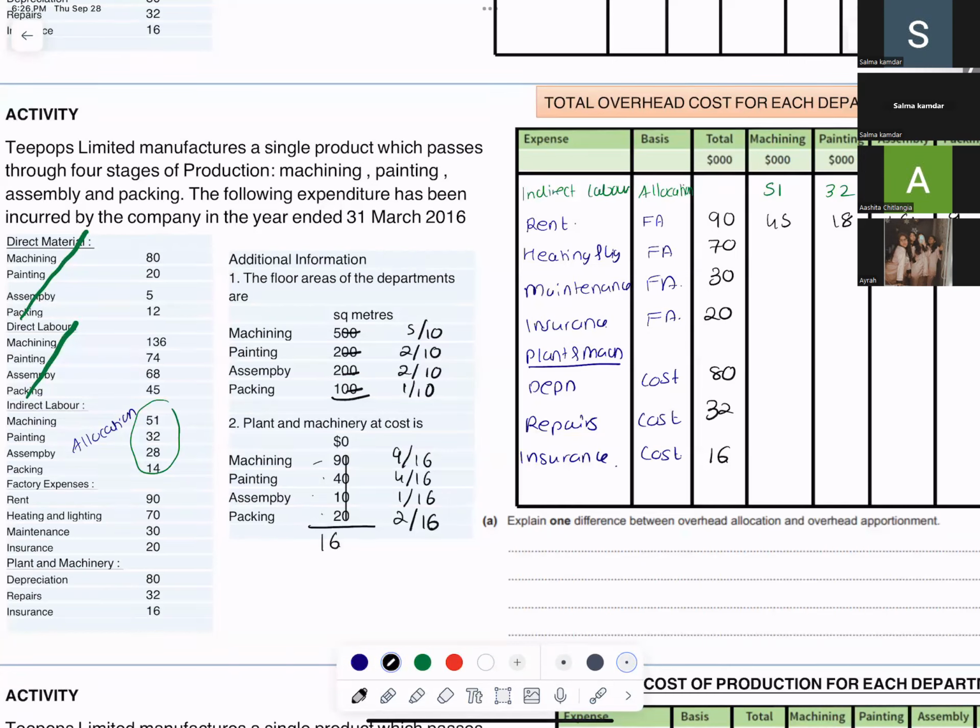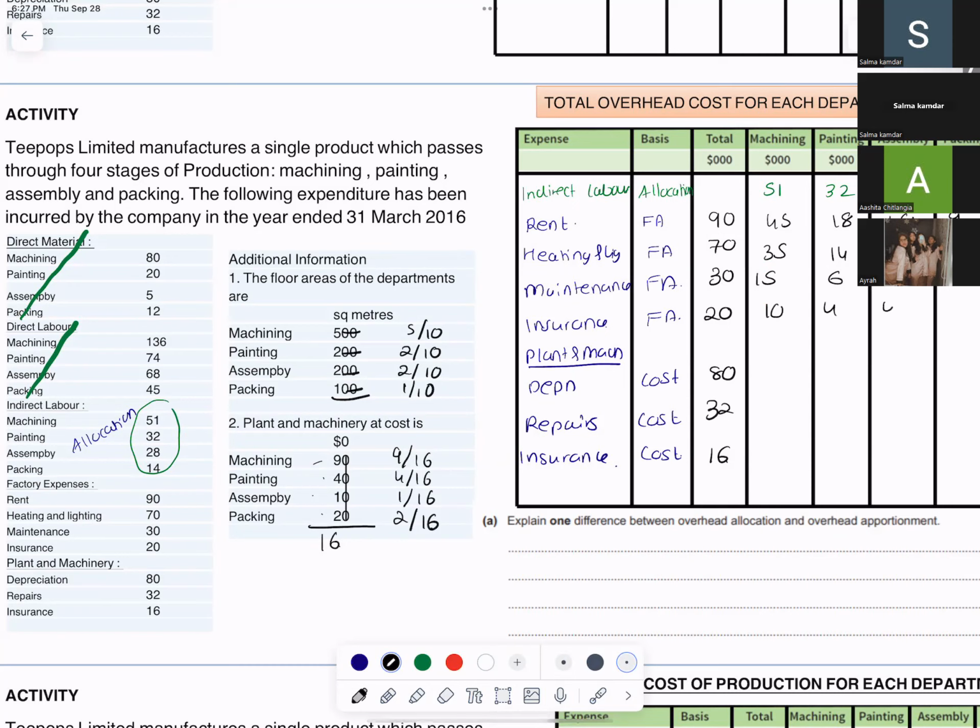Heating and lighting: 35, 14, 14, and 7. Maintenance: 15, 6, 6, and 3. Insurance is 10, 4, 4, and 2.